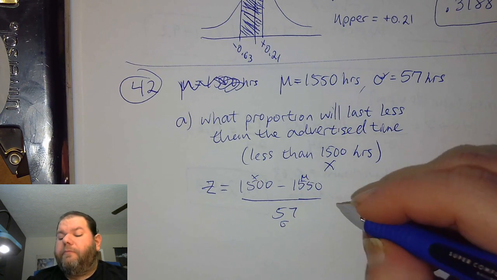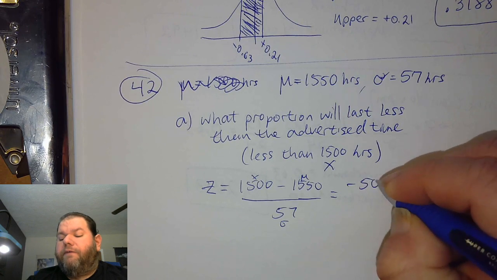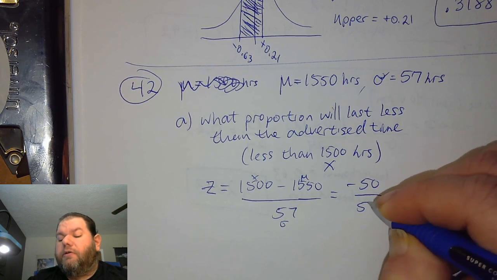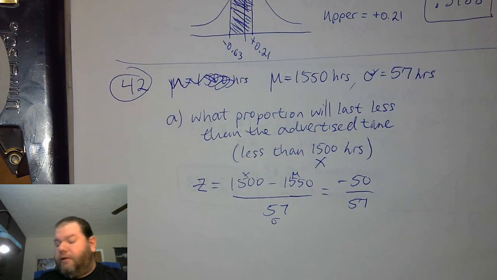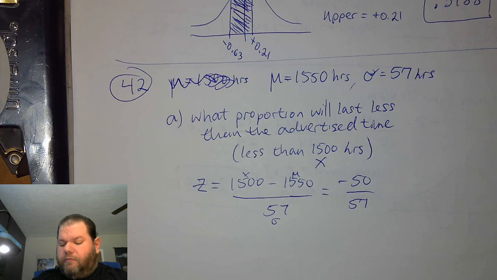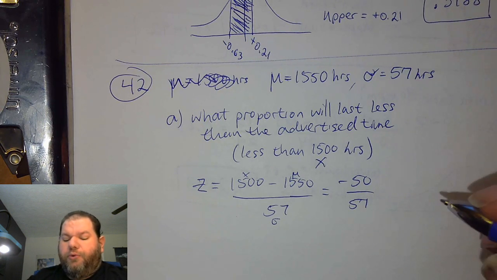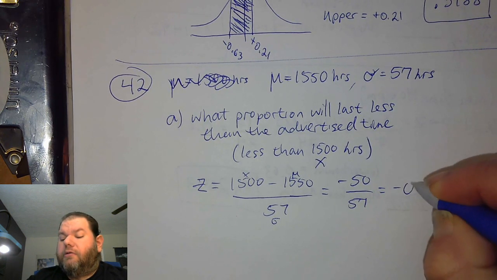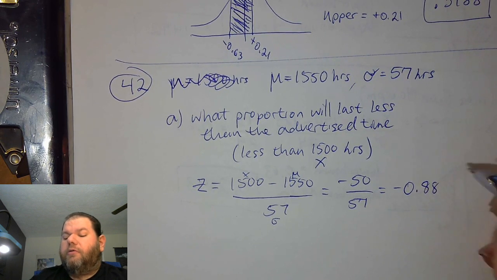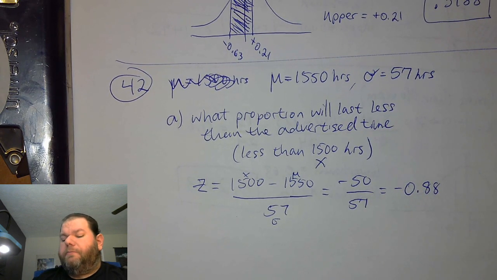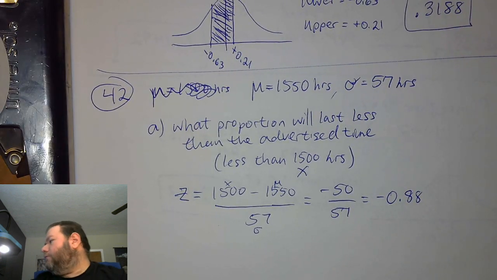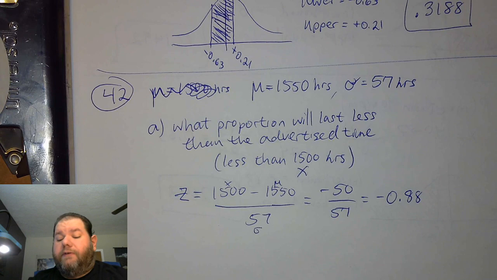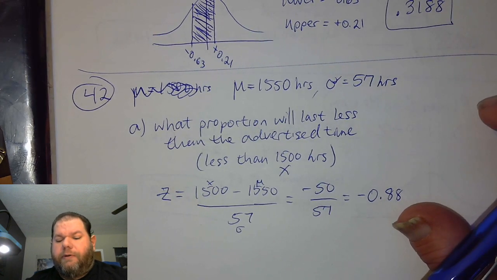Okay. So it gives negative 50 over 57. And if we divide that, we get negative 0.88. So that's our z-score for 1500 hours.